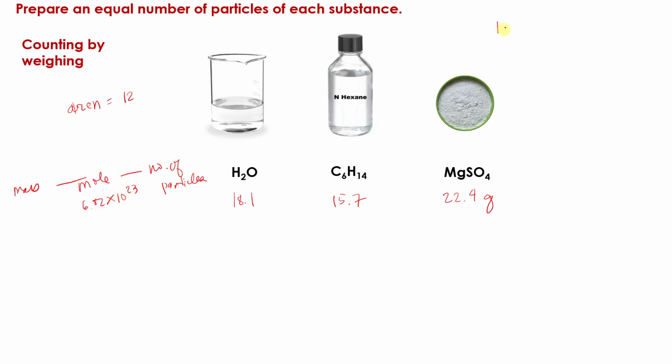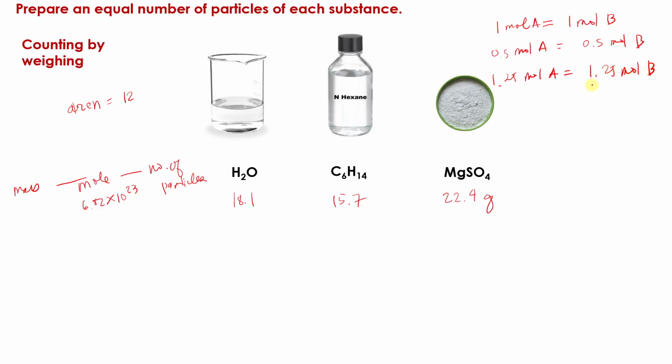So 1 mole of a substance has the same number of particles as 1 mole of another substance. For example, 1 mole of A has the same number of particles as 1 mole of B. 0.5 moles of A has the same number of particles as 0.5 moles of B. 1.25 moles of A has the same number of particles as 1.25 moles of B.